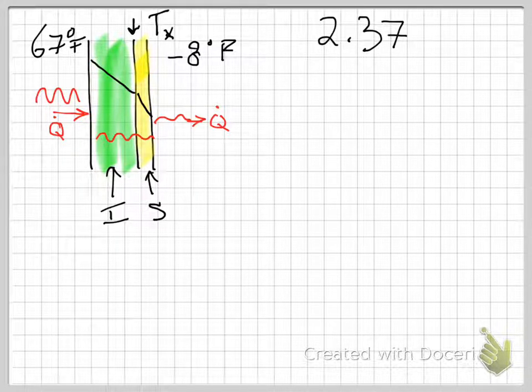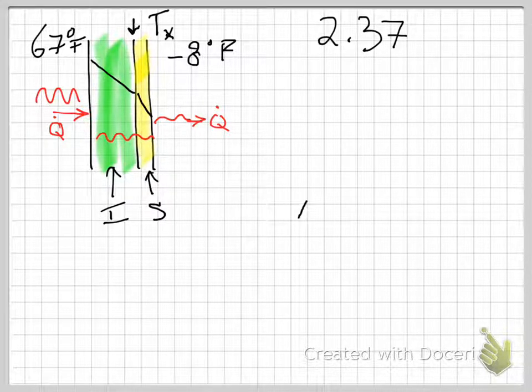It also means that the rate of heat flow, Q dot, into the insulation is the same as through the siding, as out into the world. And so that Q dot is consistent throughout this entire set of materials.